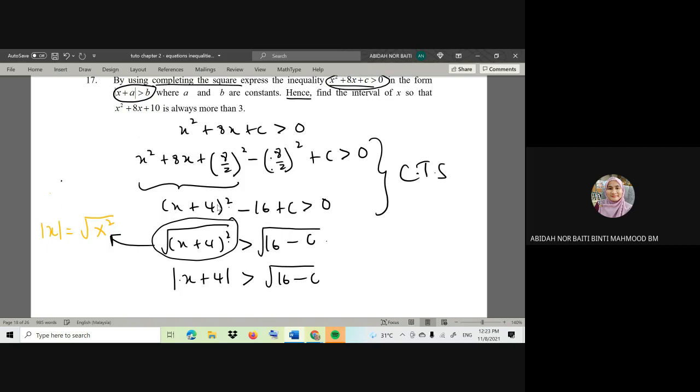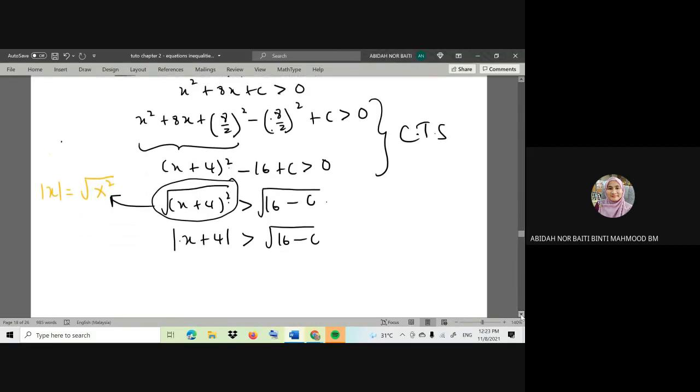Okay, hence find the interval of x so that benda ni is always more than 3. Okay, benda ni. X squared plus 8x plus 10 is always more than 3. So kita ambil balik soalan tu ya. X squared plus 8x plus 10 is always more than 3. Sentiasa lebih daripada 3.